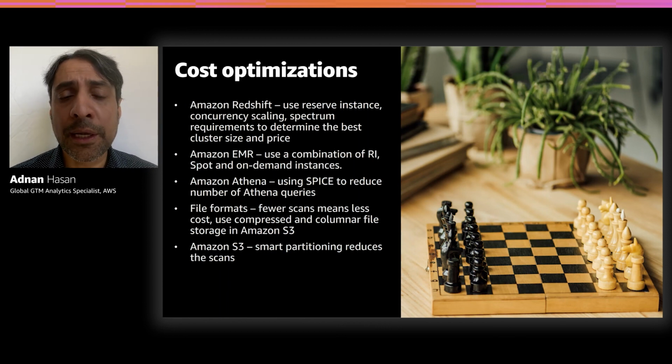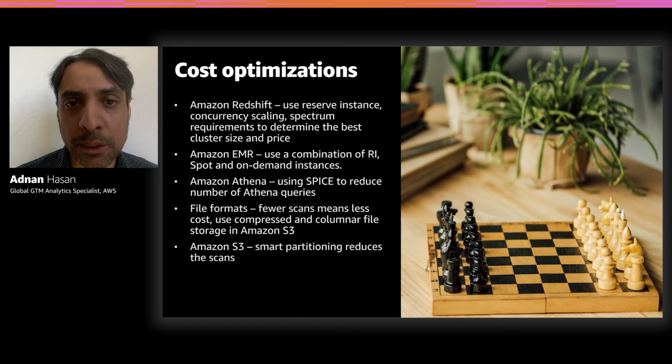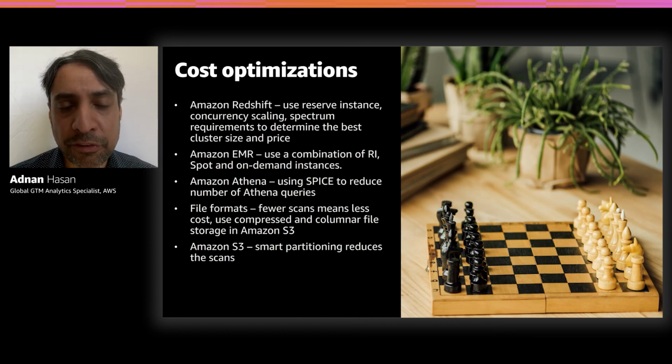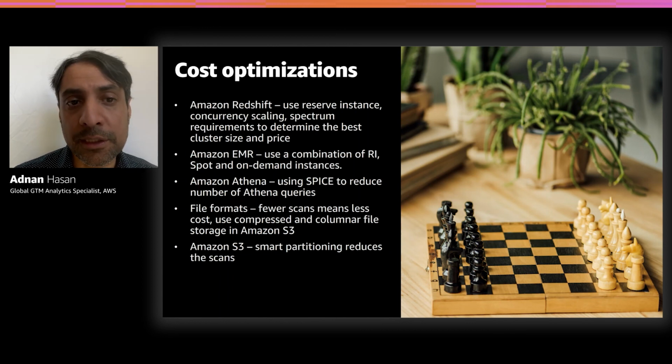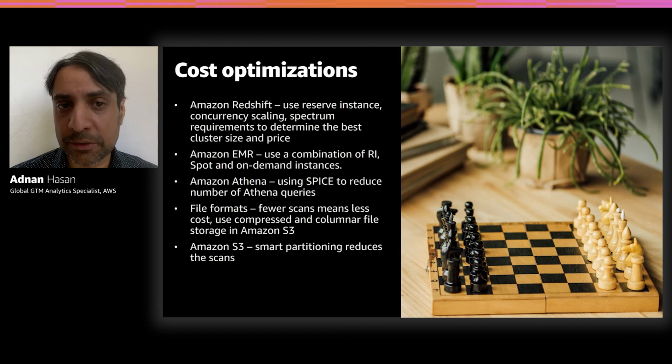The Athena query result could be stored in SPICE, and that will be used to build different visuals, or whenever a visual is refreshed, it will pull the data from SPICE rather than making an Athena query call. For file formats, fewer scans means less cost, so we recommend using compressed and columnar file storage in Amazon S3. That reduces the cost. And then Amazon S3 smart partitioning reduces the scan, so that's another feature.